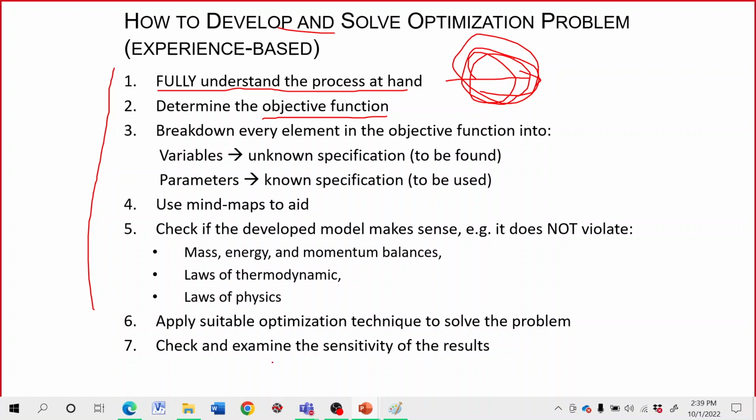Okay, and then once we get a solution, we'll have to do sensitivity analysis on the results or on the parameters themselves, because all of these parameters, like the data, like yield, the example that I put to you, yield is not really a constant value.